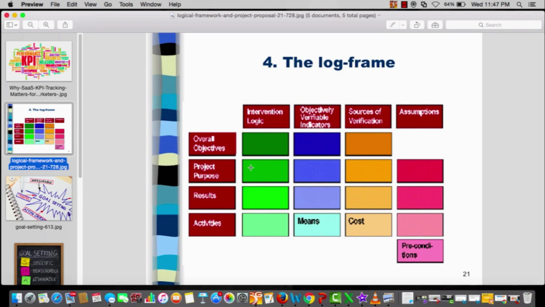But what is key, because you may have objectives, you may have project purpose, results, activities, and so forth, but what is key is this as well, the objectively verifiable indicators. Other people say objective verifiable indicators, others just mention indicators, others say key performance indicators. So this is where the key performance indicators are usually put, and it is through knowing these key performance indicators that you'll be able to measure change over a specific period of time.